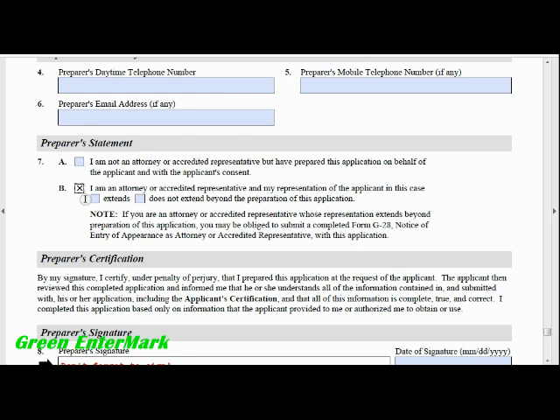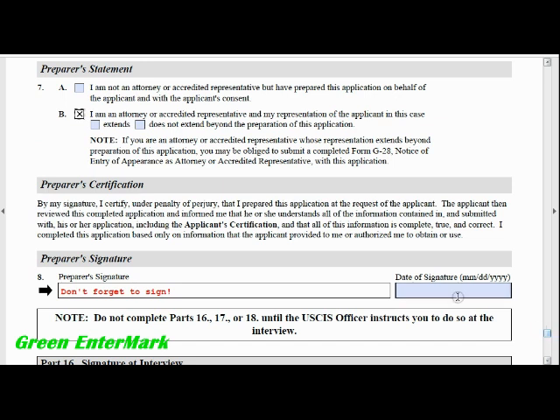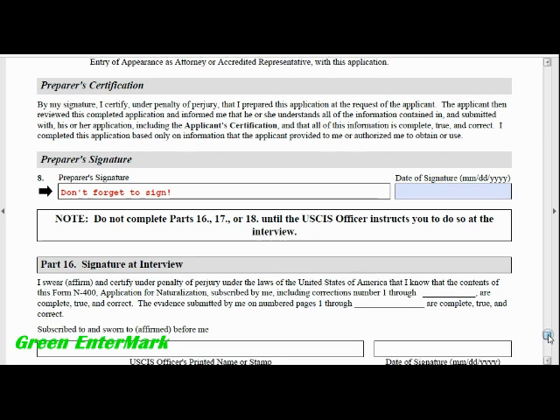If he is an attorney, he will show his background and sign it with the date.